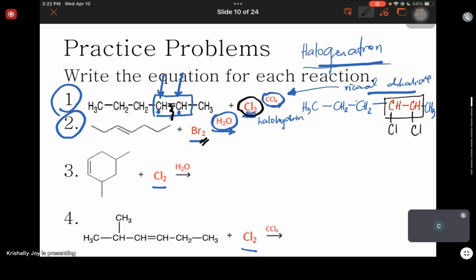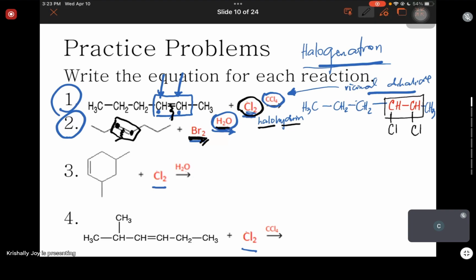This is bromination, because bromine is the one added. So highlight the reactive portion. Break the pi bond, so each of these carbons will be added with a halogen. One will be added with a halogen, the other one with OH, because halohydrin should be the product.